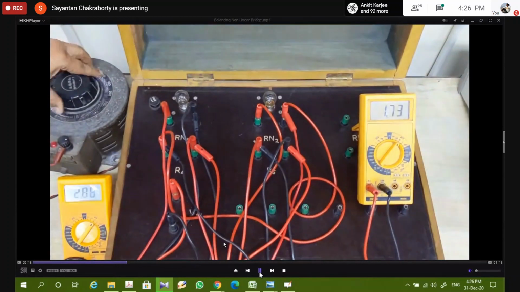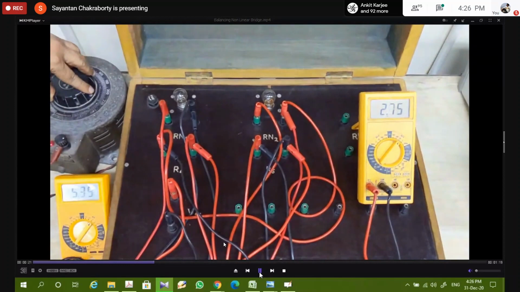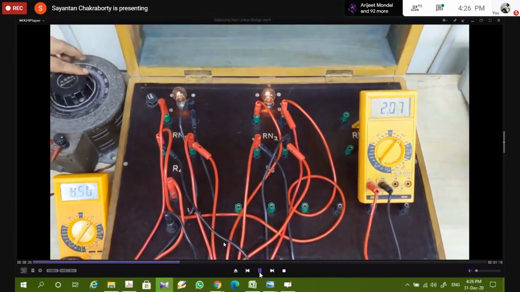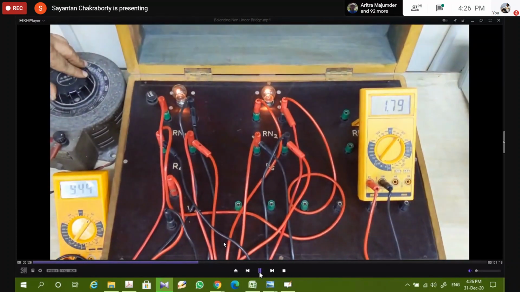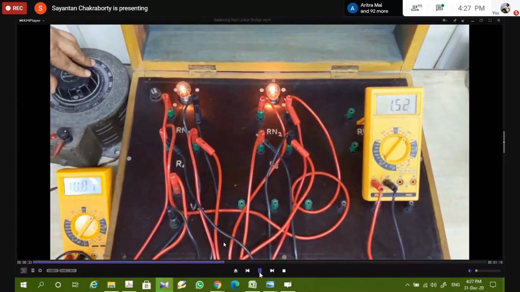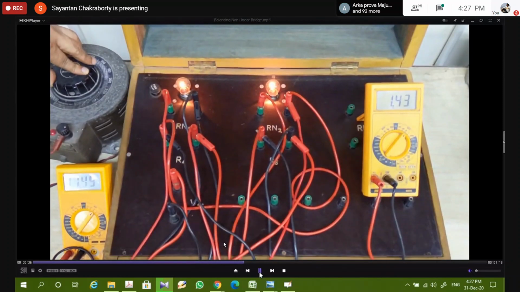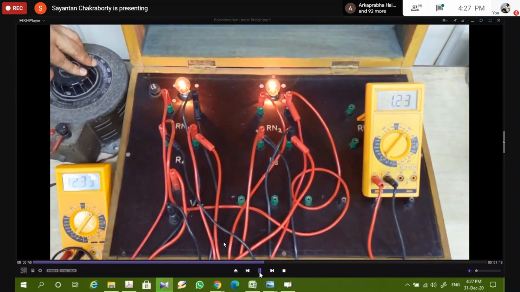The lamps are still off. Now, as soon as the lamp starts glowing, the output voltage is falling down, right? That is, they are now trending towards convergence. The bridge is nearing the balanced condition. Initially, it may not seem so, but ultimately you see that it will get balanced.